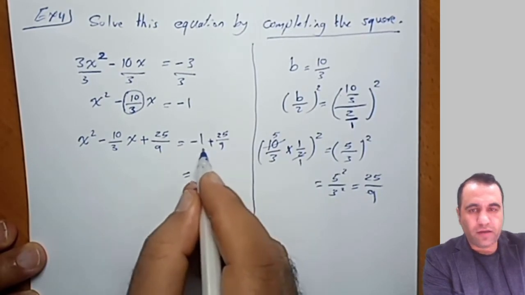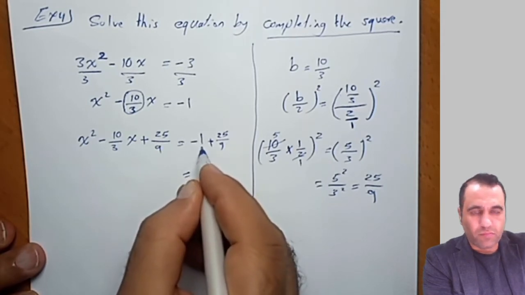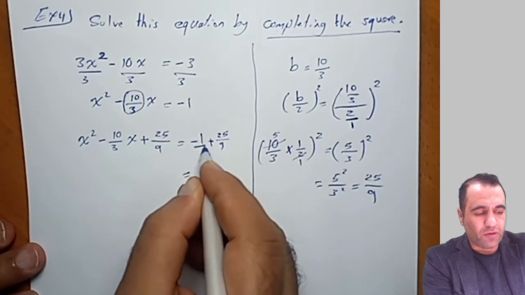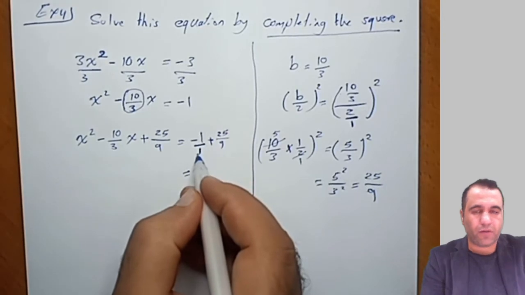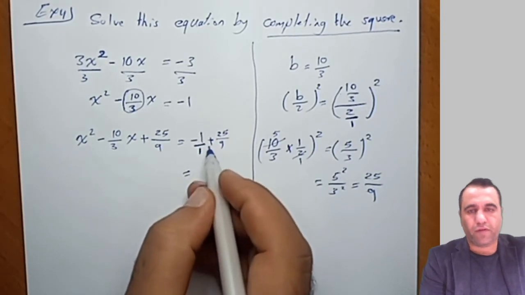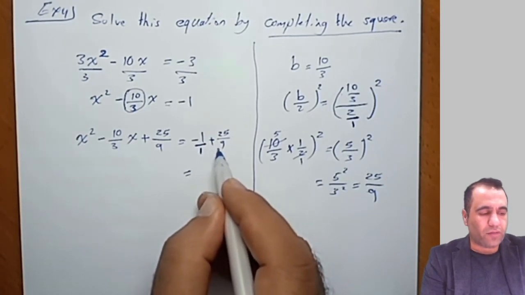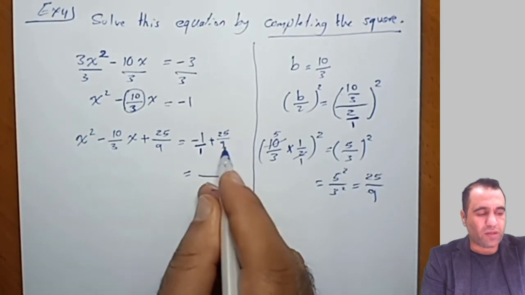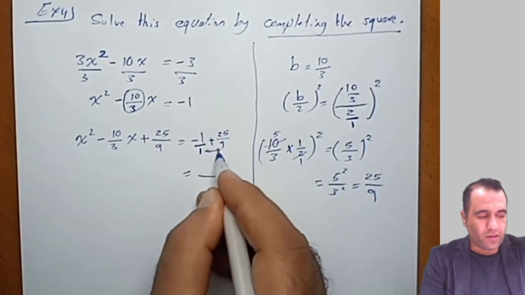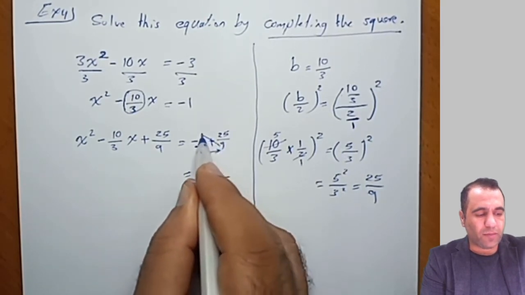Now we just subtract these two numbers, but before that, we find the denominator for this one. The denominator of every number is always 1 if the number doesn't have a denominator. So we multiply the denominators. 1 multiplied by 9 is 9, and we multiply this numerator by the other denominator.